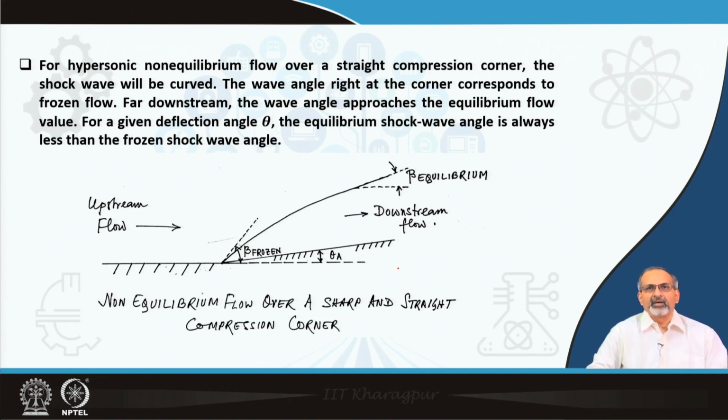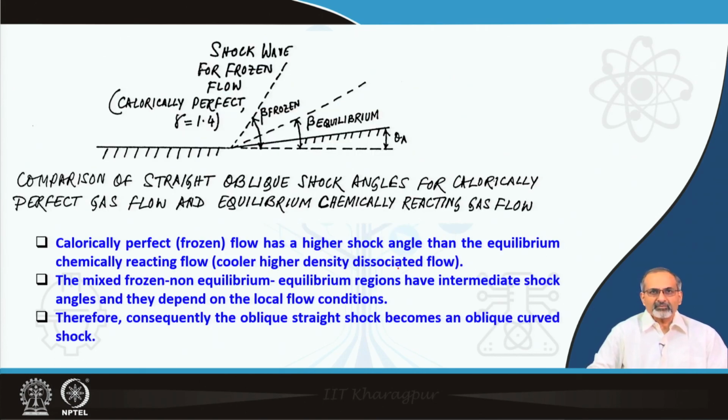Far downstream, the wave angle approaches the equilibrium flow value, and for a given deflection angle theta, the equilibrium shock wave angle is always less than the frozen shock wave angle. Again, if you were to look at the limits, then the frozen flow wave angle will always be larger than the equilibrium wave angle, and we have compared them over here.